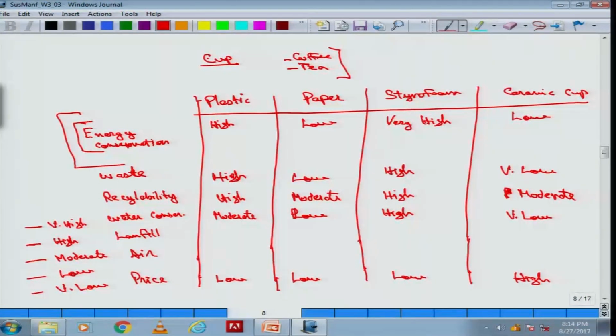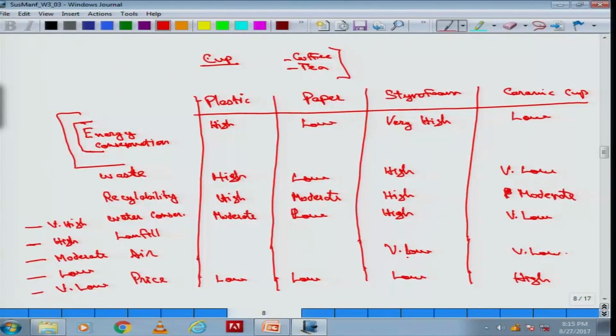Regarding air pollution, there is no air pollution here, very low air pollution regarding ceramic cups, and also no air pollution in styrofoam. It is to be noted, I am talking about air pollution only, not landfill.